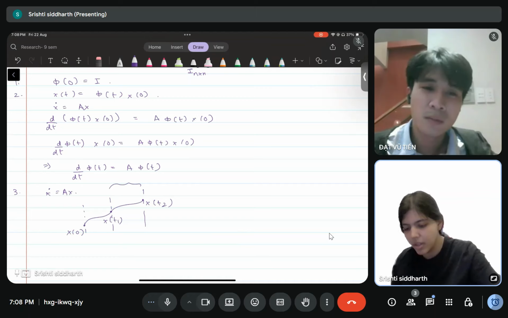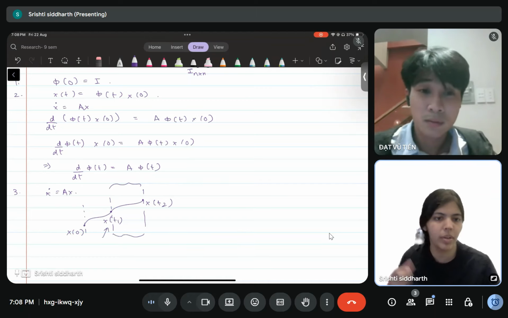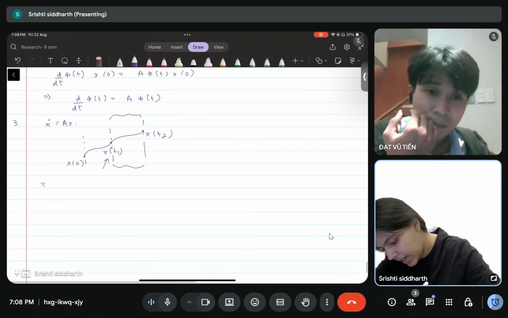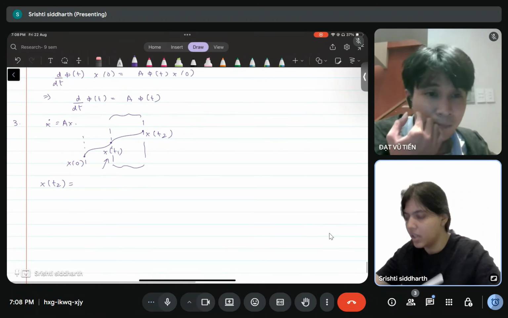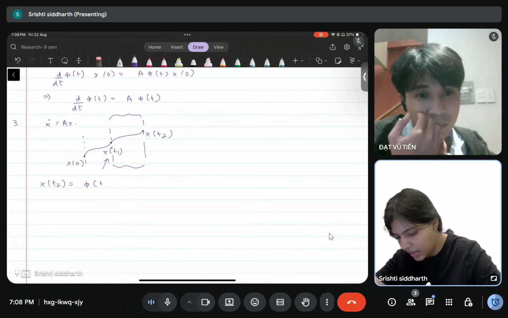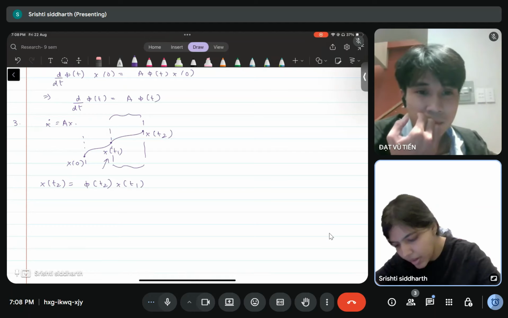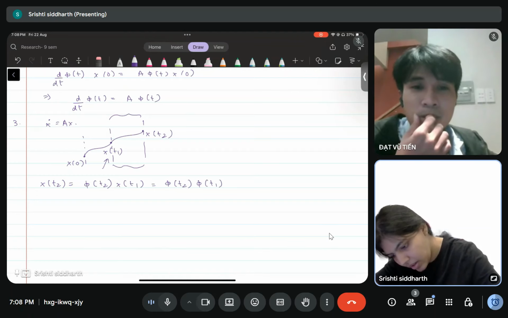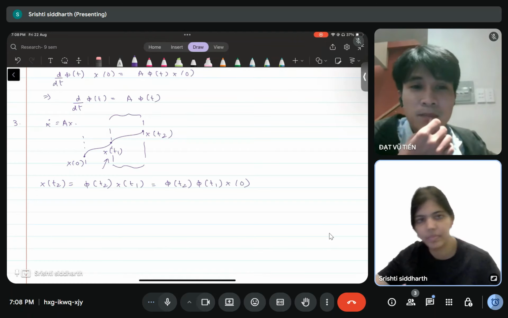If we are just considering this, the initial condition is actually x of t1. So in that case, let's see what happens. x at t2 equals phi at t2 times x at t1. But x at t1 is simply phi of t1 x at 0.